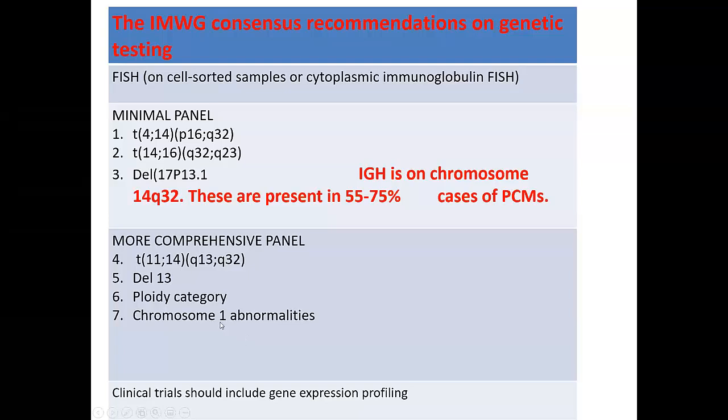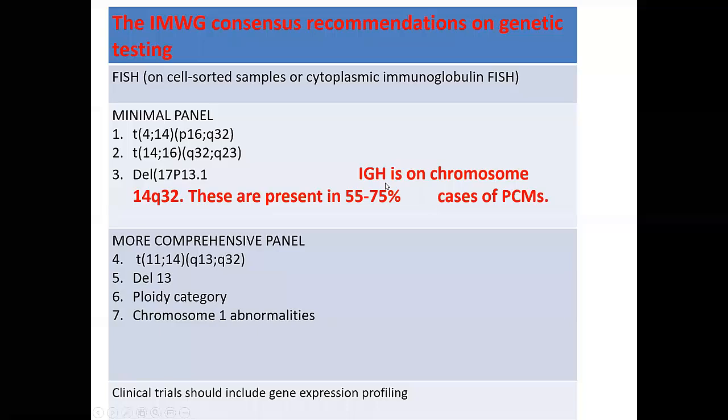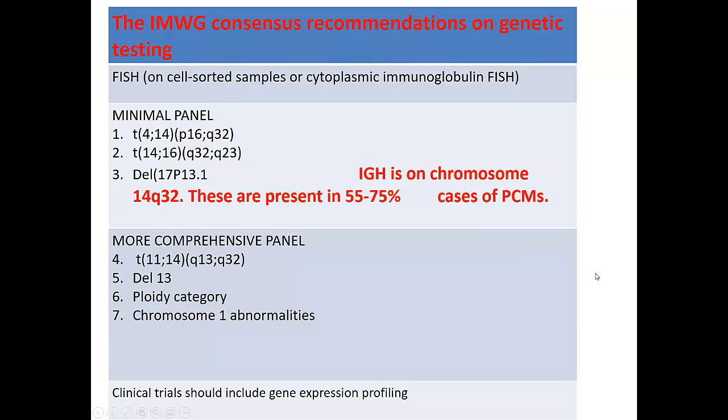Now you will find that in most of the translocations, 4;14, 14;16, 11;14, chromosome 14 is involved because there is a defect in the IGH secretion. The IGH gene is on chromosome 14q32. That is why you will find that chromosome 14 is involved, and these abnormalities are present in 55 to 75% of cases of plasma cell myeloma.